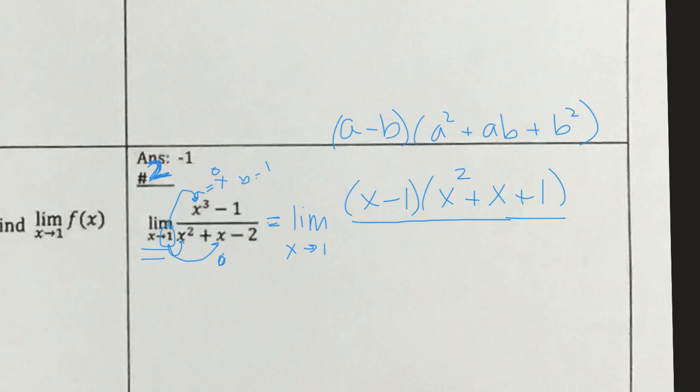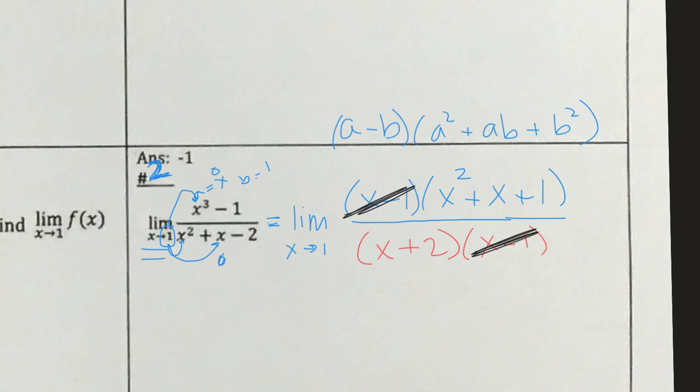And then on the bottom, what numbers multiply to give us -2 and add to give +1? x plus 2 and x minus 1. Okay, so I can divide x minus 1 by x minus 1, and that gives us a 1.